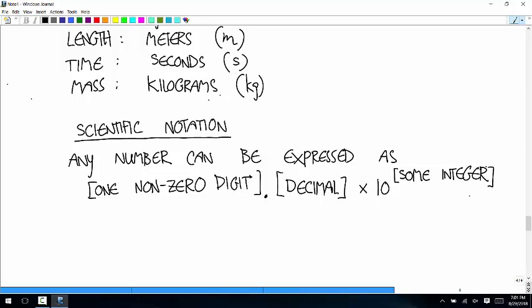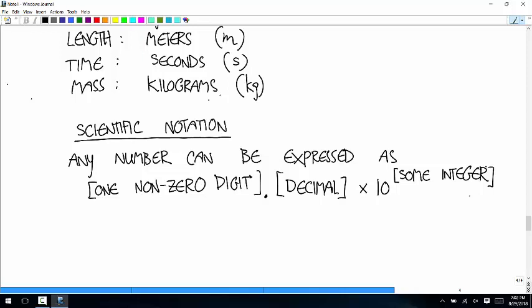If you're talking about numbers that are way smaller than one, like the one that I just said, where you have a decimal point, then 13 zeros, and then the number, this integer is going to be negative. And if you have things that are bigger than one, then that's going to be a positive integer.